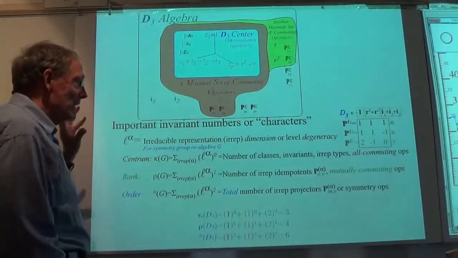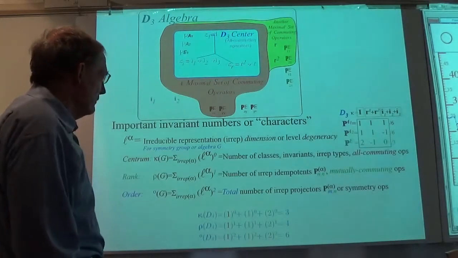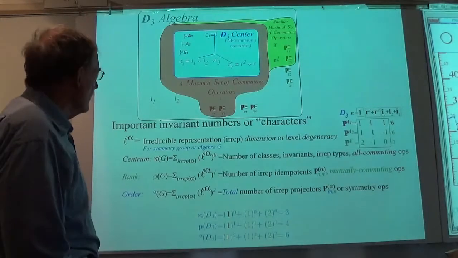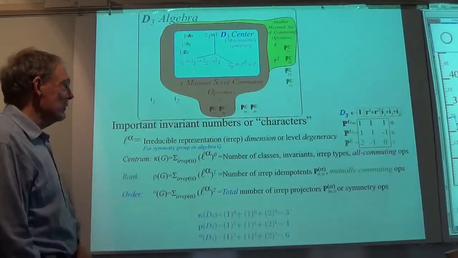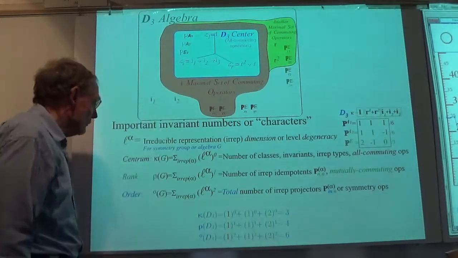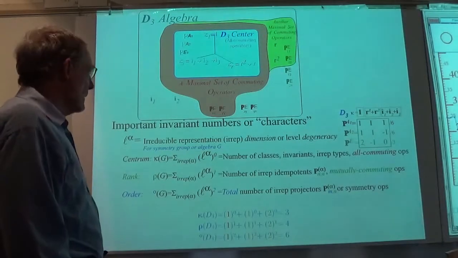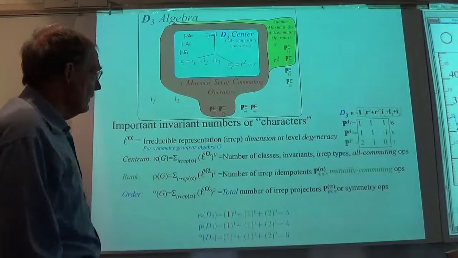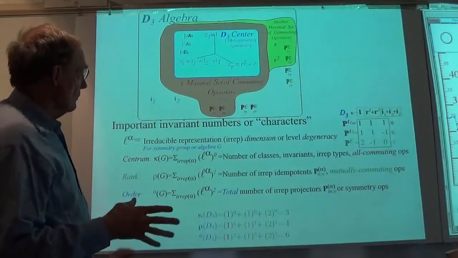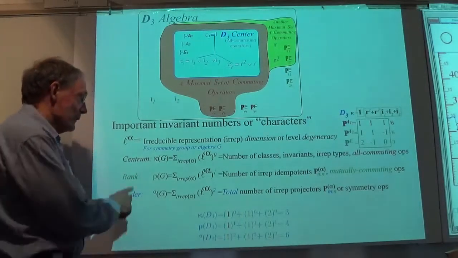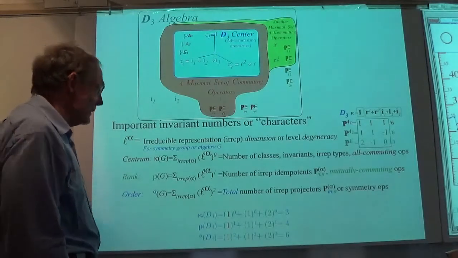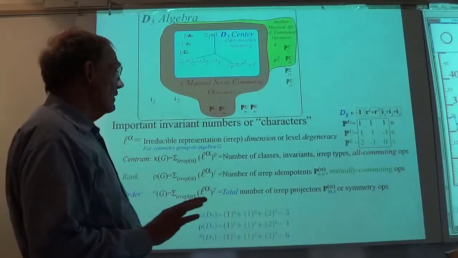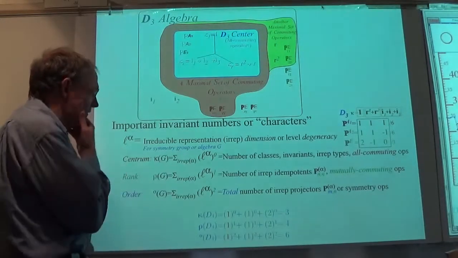I don't have a name really for this that I can find in the literature, but let's just call it the centrum, order of the center. There are 3 dimensions in there, 3 independent things that commute with everything. This is the magic number, rank, and that is in the literature somewhat. Not given enough press, I think.